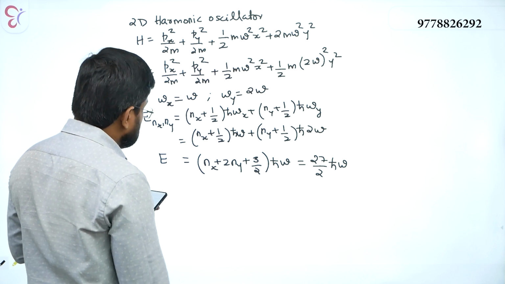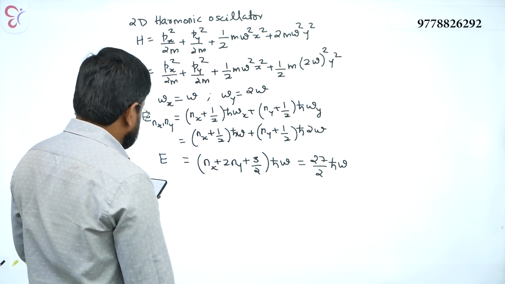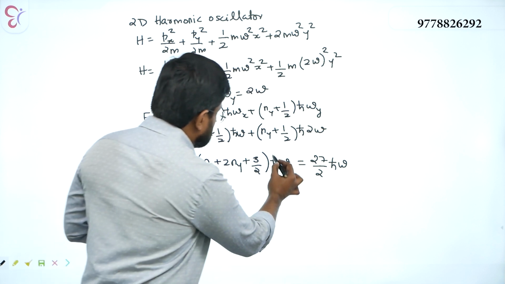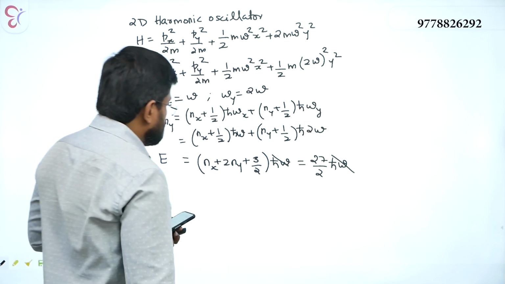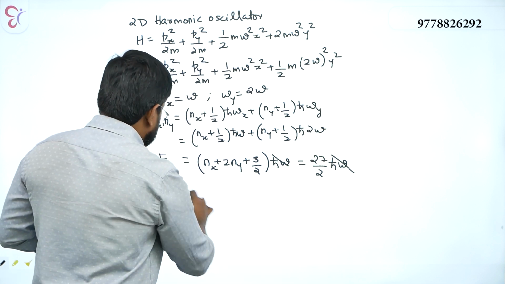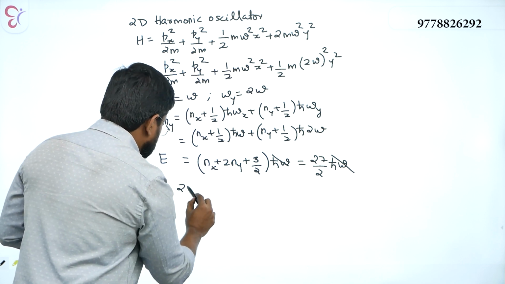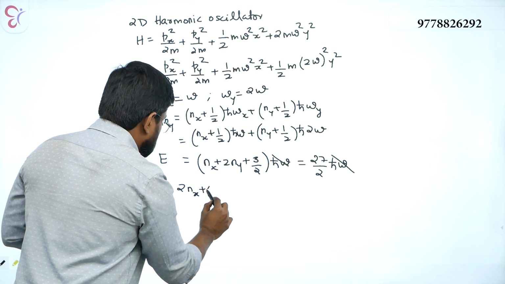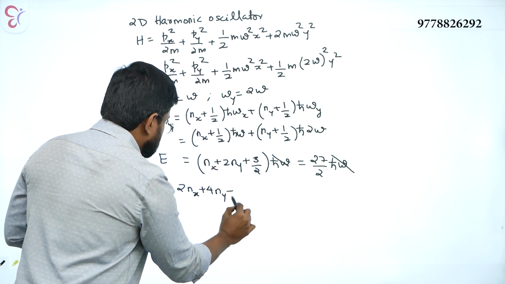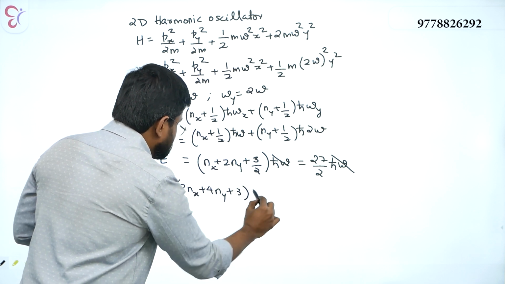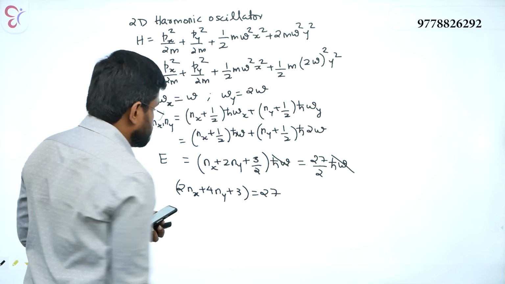So, if this is the case, you can just cancel out h cross omega on both sides. Then take this 2 here. So it is 2nx plus 4ny plus 3 equals 27, isn't it?